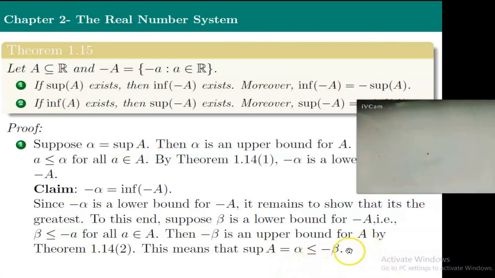Because negative beta is an upper bound for A, and alpha is the supremum of A. Take note that the supremum of A is the least upper bound, so it is smaller or equal to any upper bound for A. Hence, we have beta is less than or equal to negative alpha.